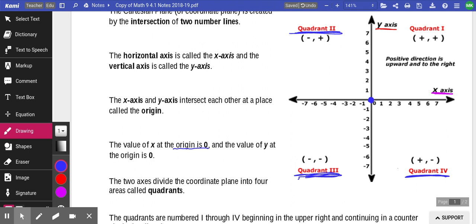So it's counterclockwise starting in the top right. You will need to know the names of those quadrants, especially once you get into higher math, which seems basic. It's like, well, that's really easy, but then you kind of forget about it because it's so easy. And then you'll get a test question in grade 11 and you'll be like, wait, which one's quadrant 2? And it's simple. You start here and you go counterclockwise.